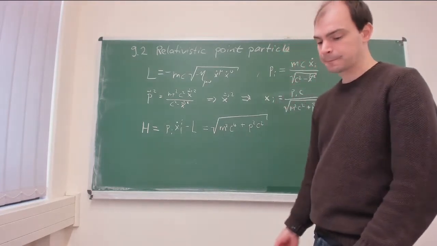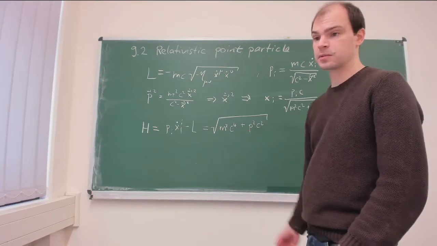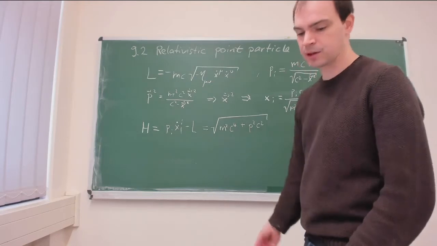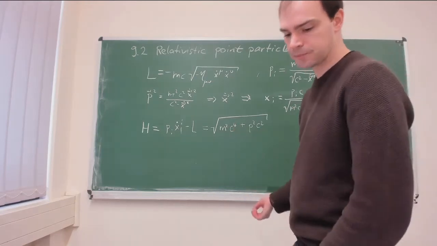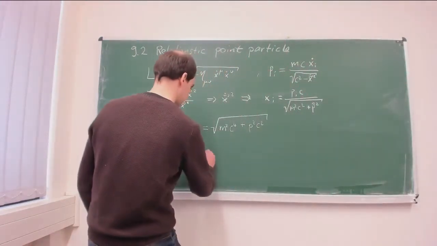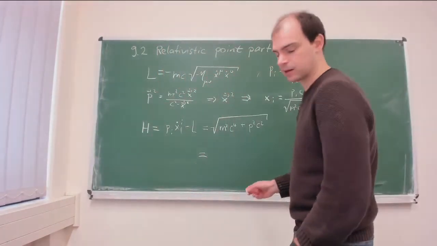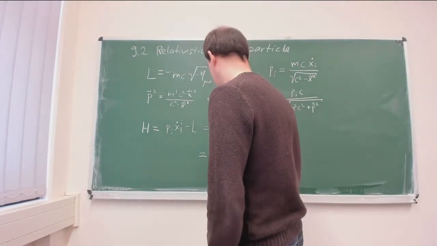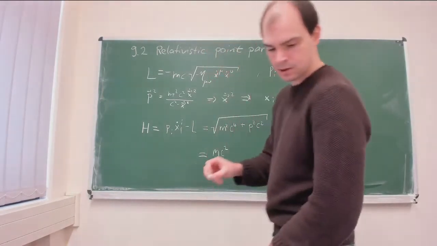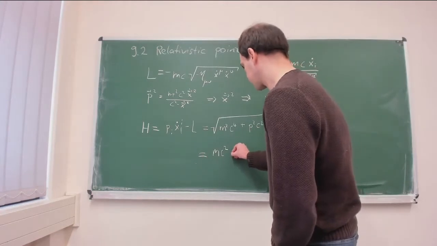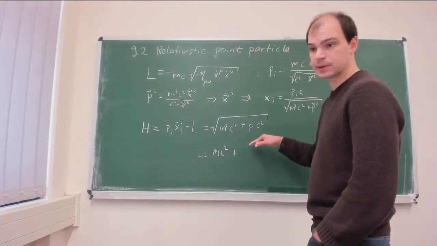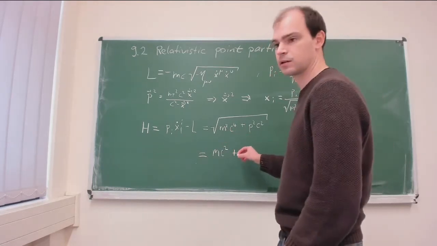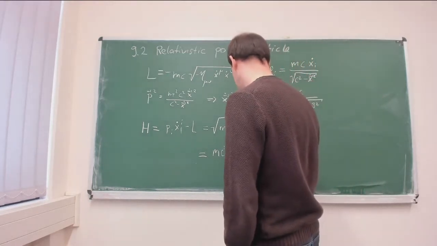But what we can do with this Hamiltonian is expand it in powers of 1 over c squared. And if we do that, then at the lowest order we get just mc squared, so the rest mass energy, plus the non-relativistic kinetic energy, p squared divided by 2m.